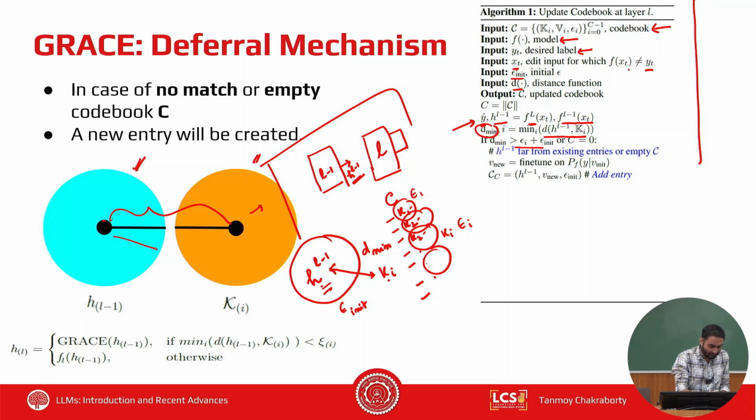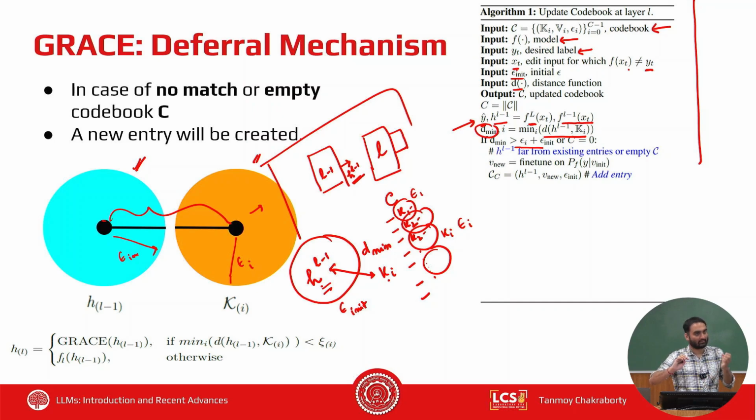This circle has a radius epsilon init, and this has a radius of epsilon_i, the ith knowledge's epsilon_i. So if the distance between two centers is greater than epsilon_i plus epsilon init, what does it mean? They are not overlapping. It means that this new knowledge h_{L-1} is a new knowledge that you need to store separately. It's a new knowledge.